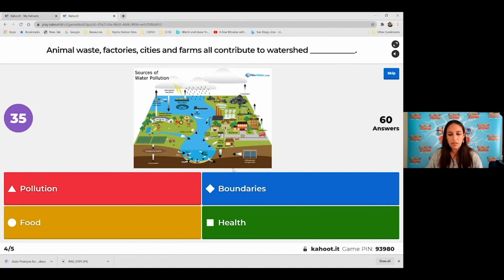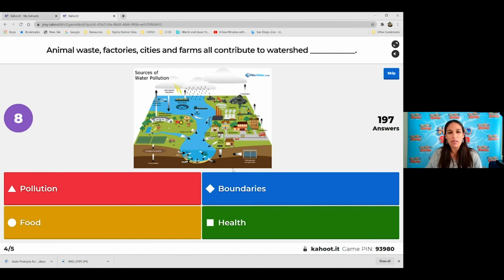So all of those different things that we put onto our watershed models, they helped contribute to the watershed what? Did it contribute to the health of the watershed, the boundaries, the food, or the pollution?